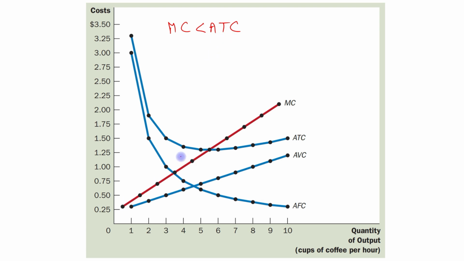In this portion of the MC curve, you just observe that the MC curve lies below the ATC curve. ओके, और इस पोर्शन में ATC इज डिक्लाइनिंग, ATC इज फॉलिंग. So whenever MC is less than ATC, or the MC curve lies below the ATC curve, ATC is falling.